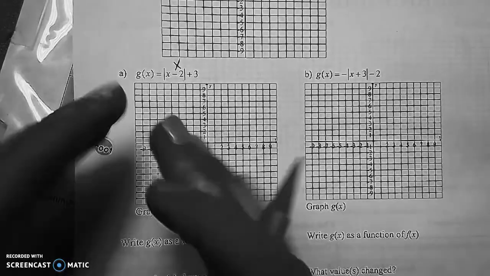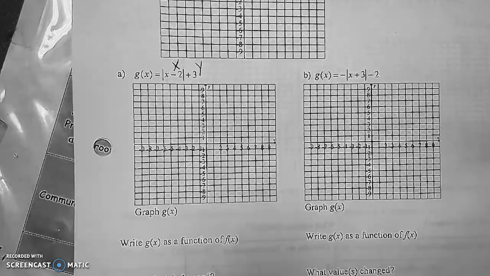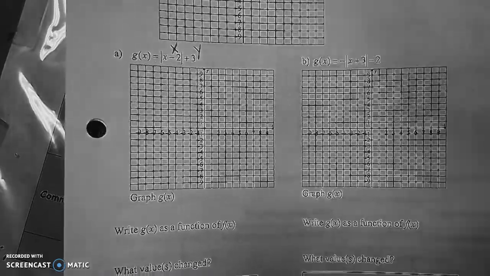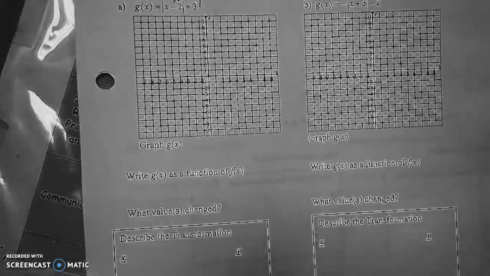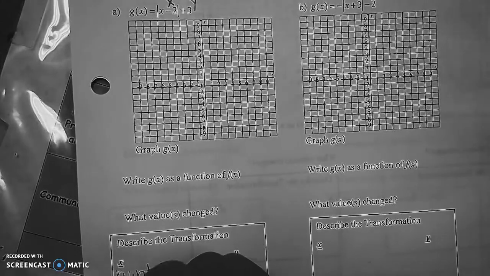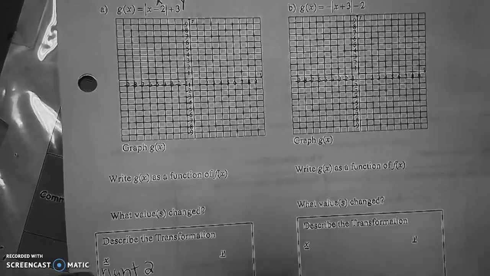Since this plus 3 is outside the function, it changes your y's. So how does it change those things? Well, do you remember what the quantity of x minus 2 does? It goes right 2. And then the plus 3 on the outside is going to take your graph and go up 3.